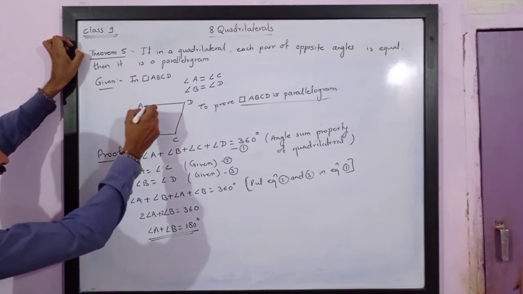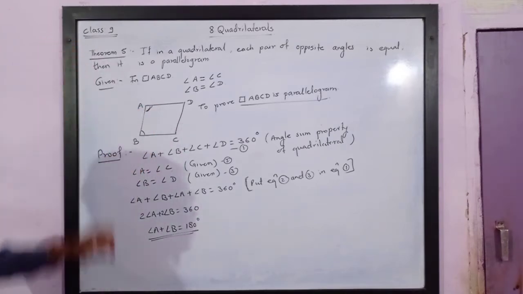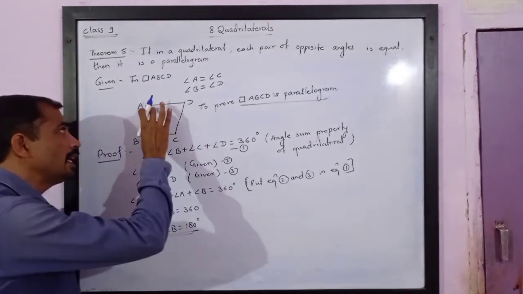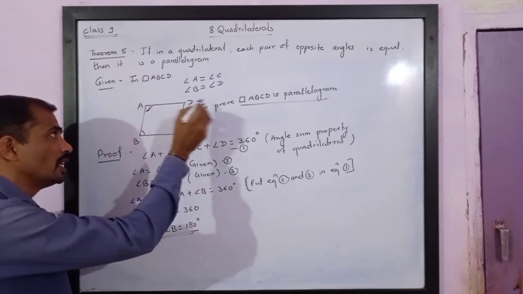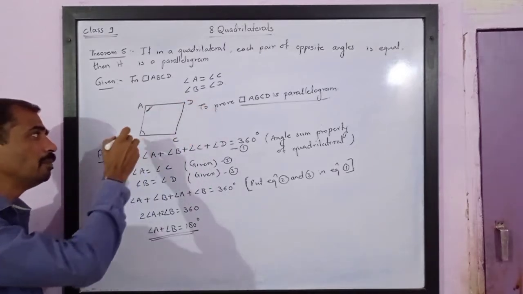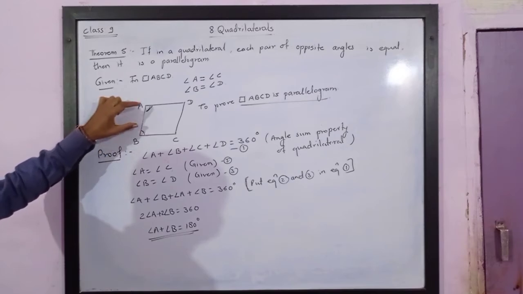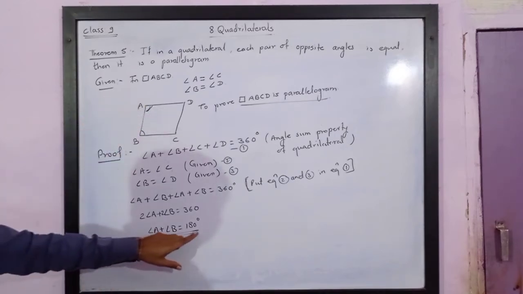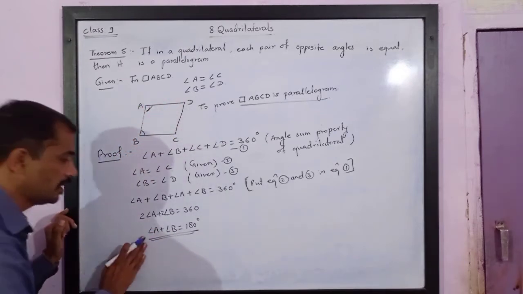I have got this angle plus this angle is 180 degrees. Now we have already studied interior angles on the same side of a transversal. So if you consider AD and BC as two lines and AB as a transversal, we get angle A and angle B as interior angles. Interior angles are supplementary. It means AD is parallel to BC.